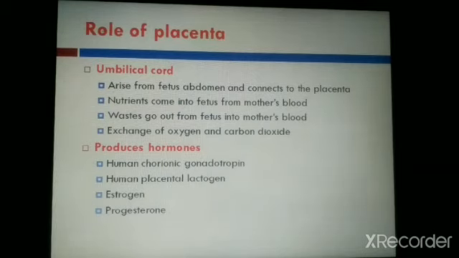These hormones are secreted by the placenta, and also estrogen and progesterone. Is that clear? It is very important, student, because sometimes there is a question that human chorionic gonadotropin or human placental lactogen hormones are secreted by which organ, then you write placenta, because the placenta also acts as an endocrine tissue.